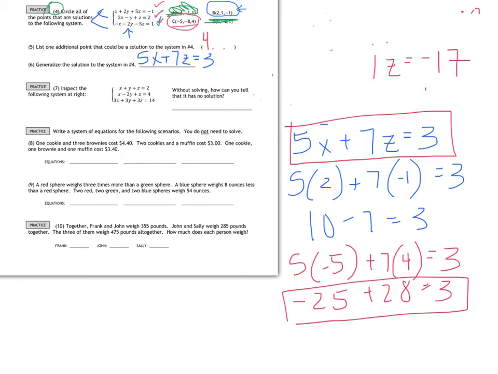So I'm going to go ahead and plug in 5. We're going to make that a 9. 5 times 9 plus 7z is equal to 3. And I am going to get 7z is equal to, this is 45. When I subtract it, I get 42.